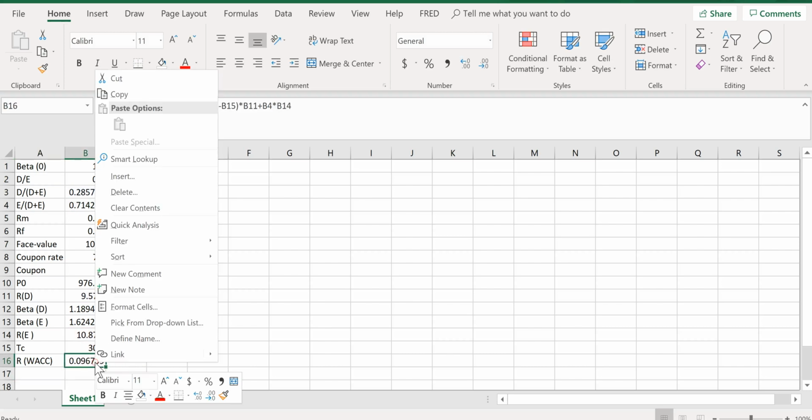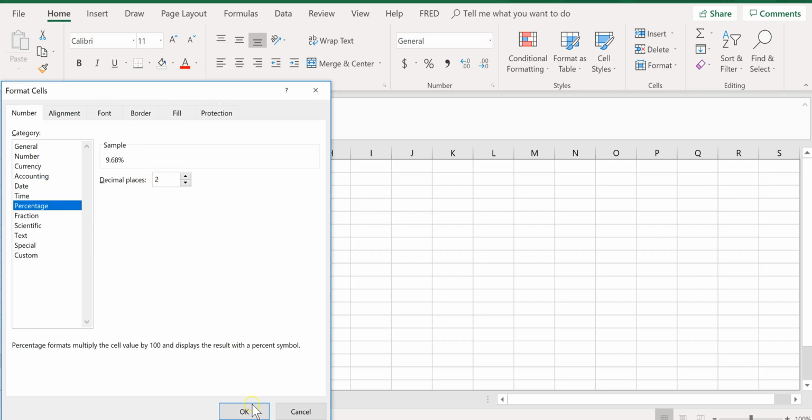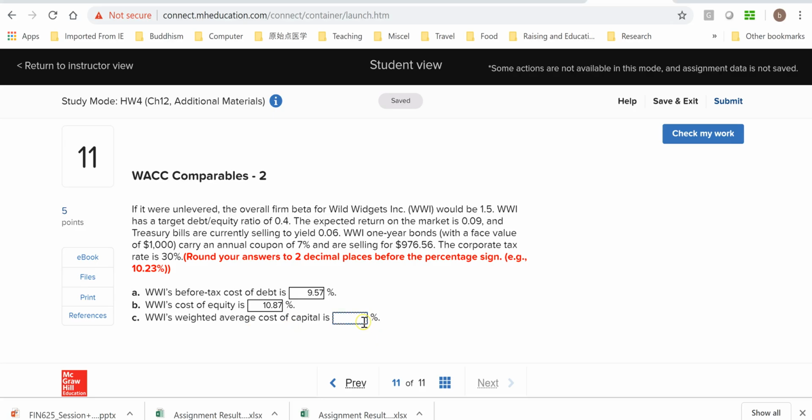So again, change the format to be in percentage terms and keep 2 decimal places, 9.68. All right, so now let me check my answer.